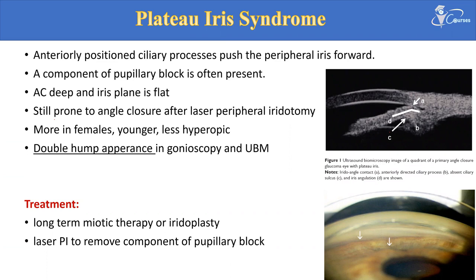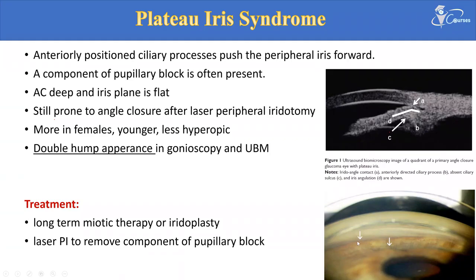So how can we diagnose it, or what is the diagnostic sign? It is called the double hump appearance. You see that there is a hump here at the site of the arrow by gonioscopy. Then there is concavity of the iris, which means that the iris plane here is a little bit flat.